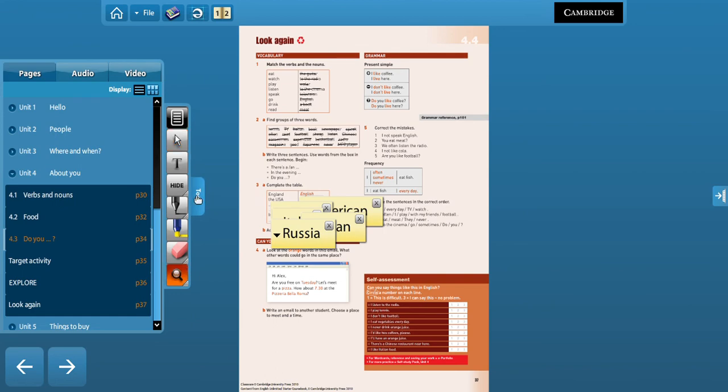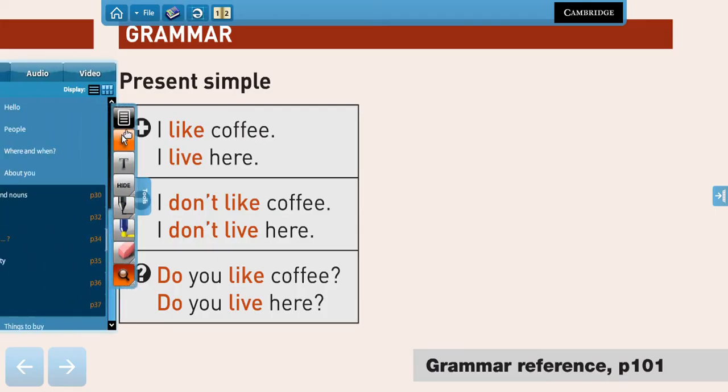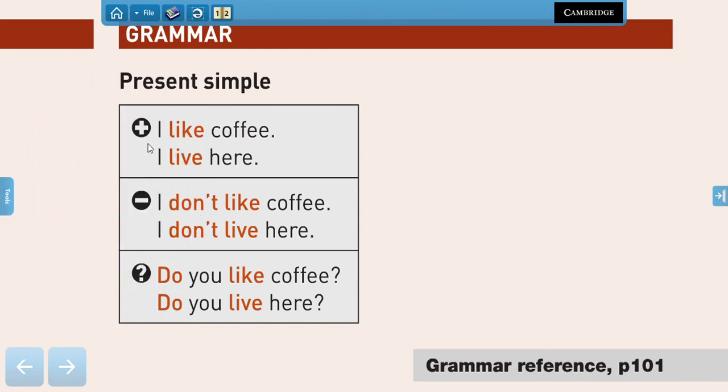I'm just kidding. This was the page. So let's see. We have here the reference of the present simple from this unit, right? So just a reminder, we say I like coffee, I live here. For negations, we use the auxiliary don't. I don't like coffee. And for questions, we use the auxiliary do, right?